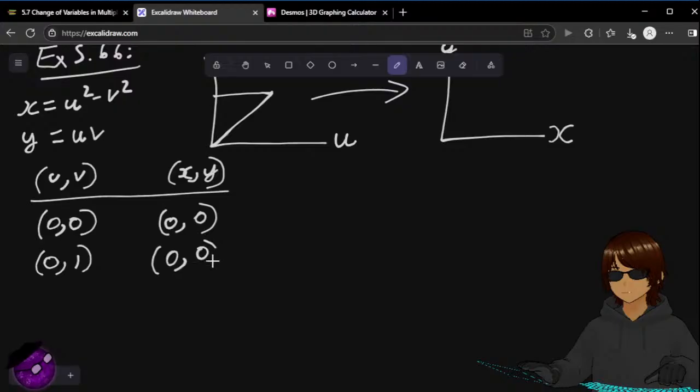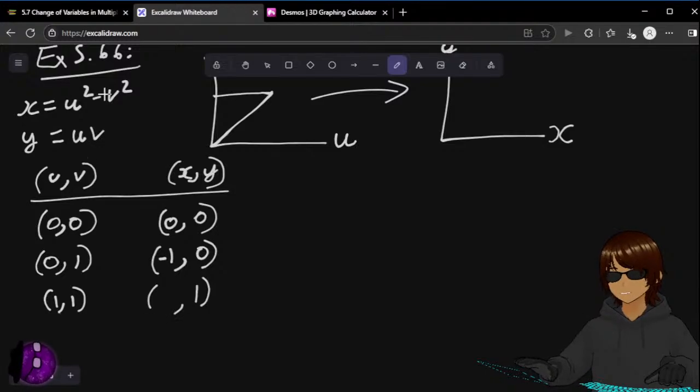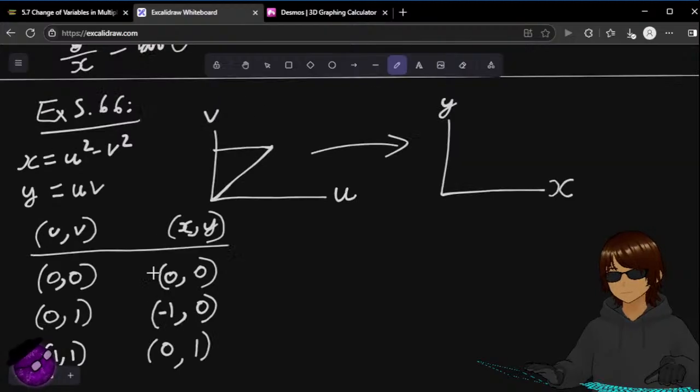So y is also 0. v is 1, u is 0, oh, so x is negative 1. We have 1 over here, we have 1 minus 1, 0. So we have 0, 0.